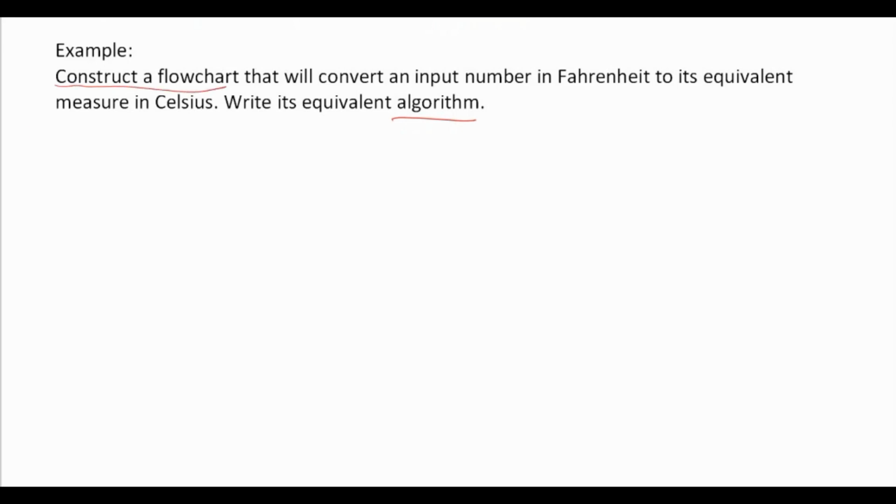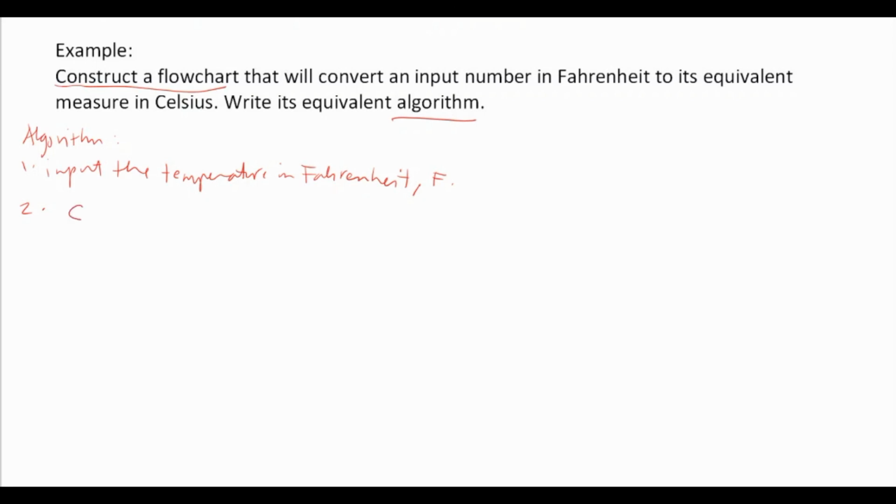Say we write here the algorithm. First step is what? Input the temperature in Fahrenheit. Okay, you could call it F. What's next after we have Fahrenheit F? We're going to use the formula. What is the formula for converting Fahrenheit to Celsius? Say we use variable C for Celsius.